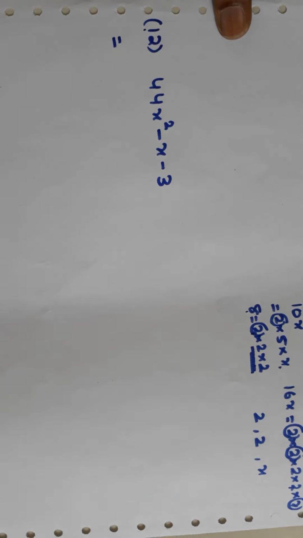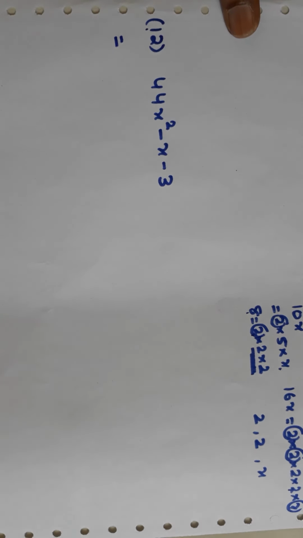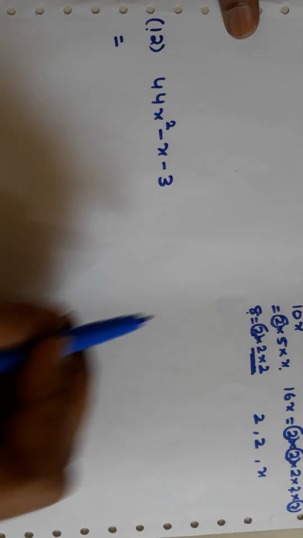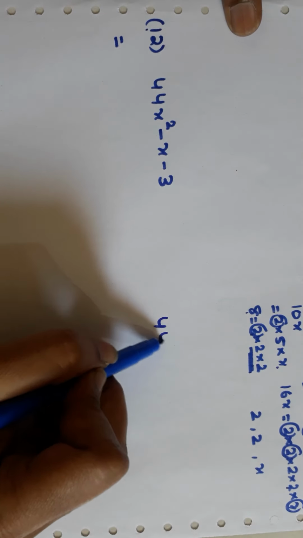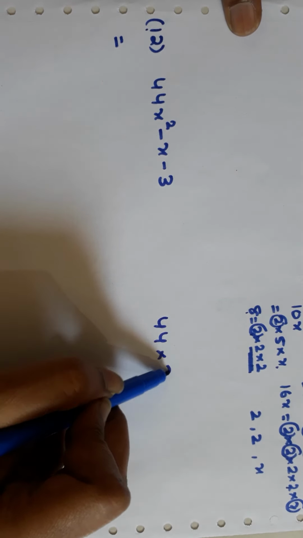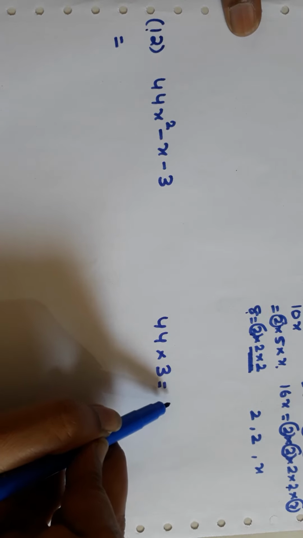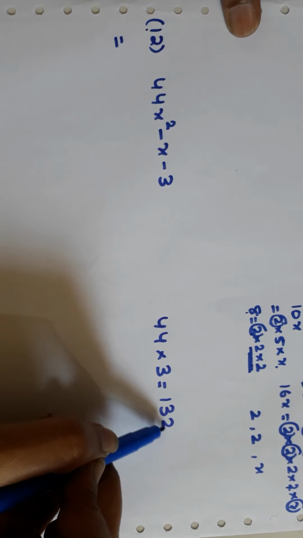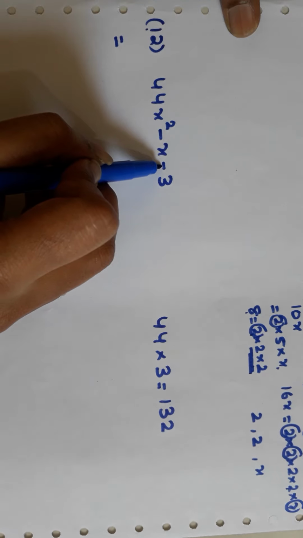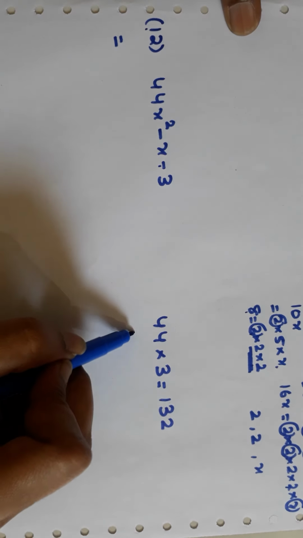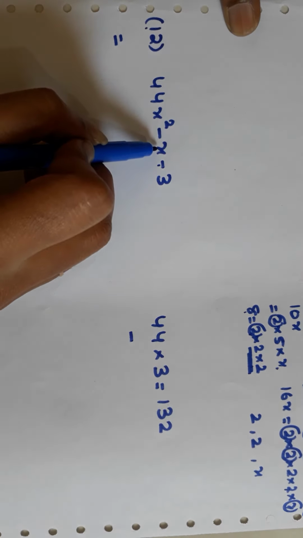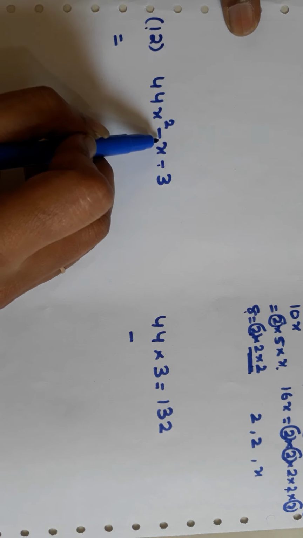The last sum, 44x square minus x minus 3. Product of the coefficient of the first term and the constant term, 132. Sign between the middle term and the constant term is minus, and the coefficient of the middle term is minus 1.